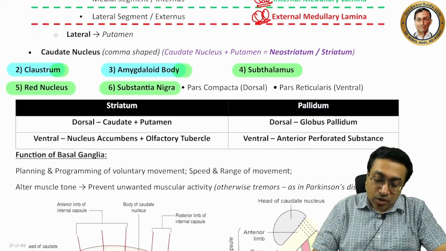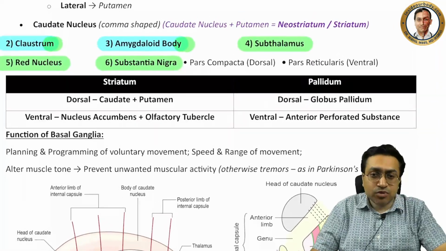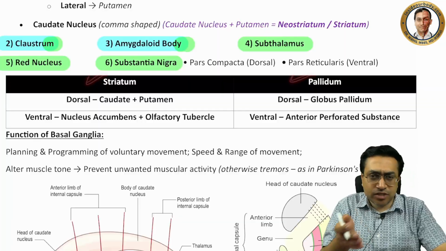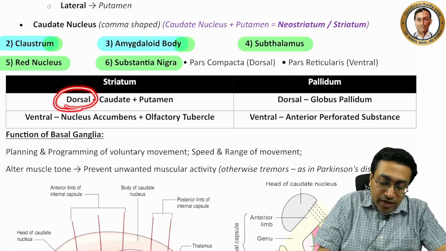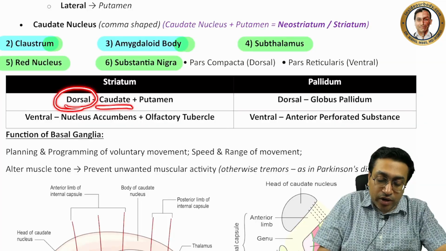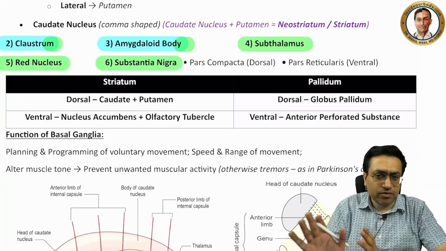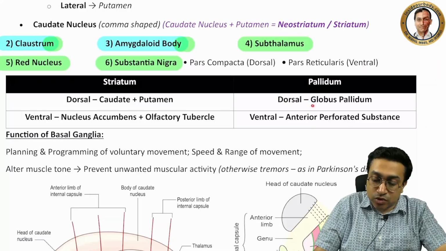Okay. Now see another terminology. You will see in certain textbooks the words striatum and pallidum mentioned, which I just told you previously, right? Now I told you the dorsal striatum itself means the caudate plus putamen, simple. The dorsal pallidum is also known as globus pallidus.